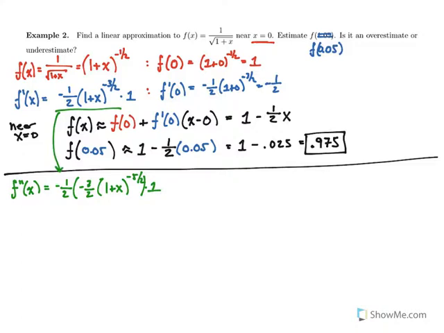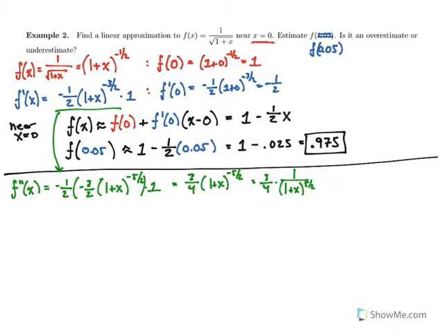That's using this form and doing the chain rule. Bring the power down out in front and decrease the power by 1, and then multiply by the derivative of the inside. This is going to be 3/4 times (1 plus x) to the negative 5/2. Maybe write that as 3/4 times 1 over (1 plus x) to the 5/2 power.